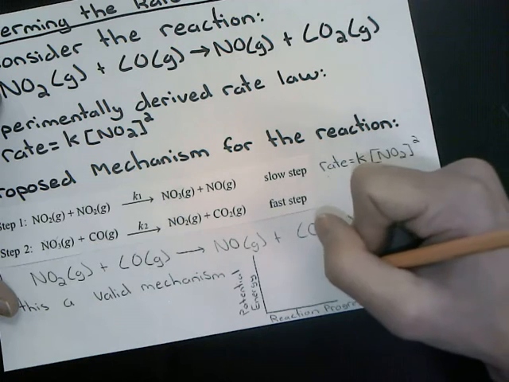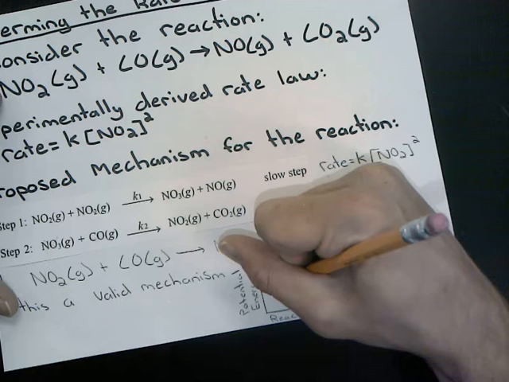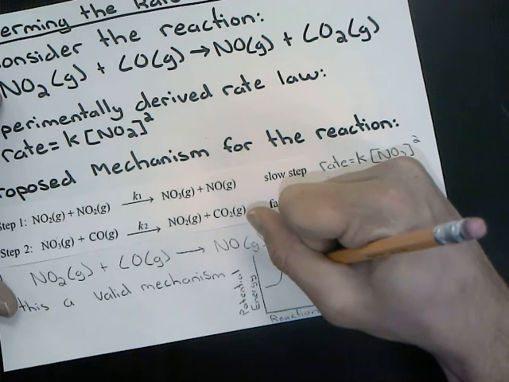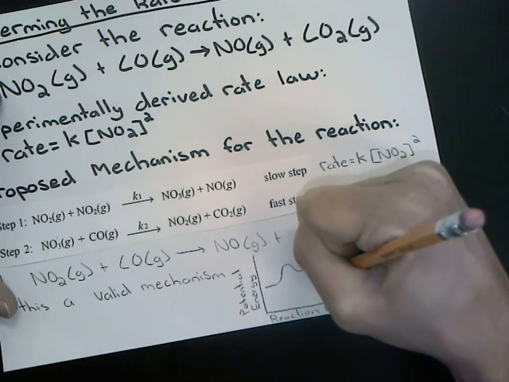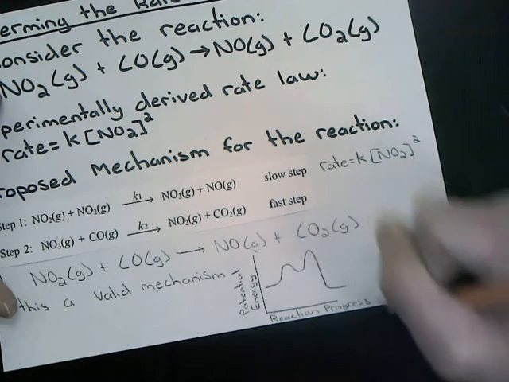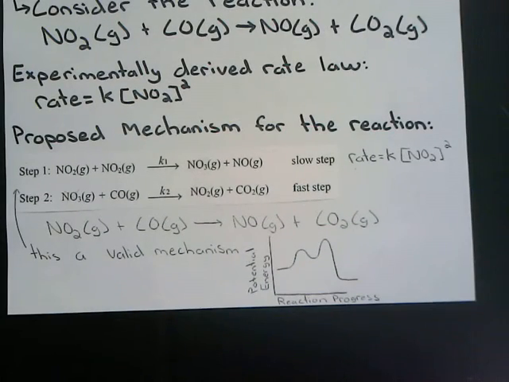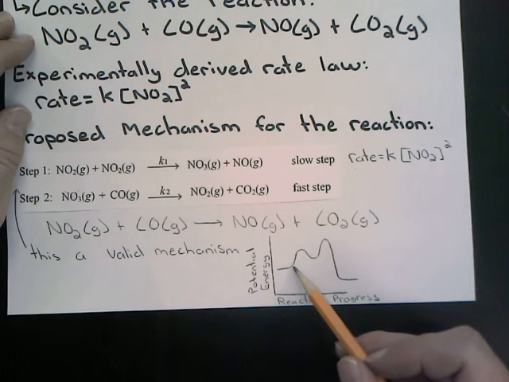We would start out with our 2 NO2, get up to this first hump, then have this dip, then go to the second hump, and we have our products. Now I looked this up, and it is an exothermic reaction, so that's why we have this here. And we still have the activation energies.